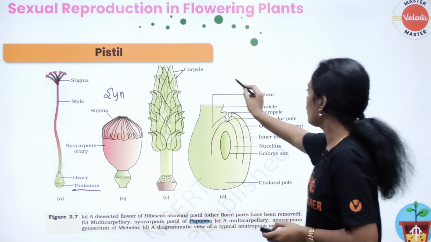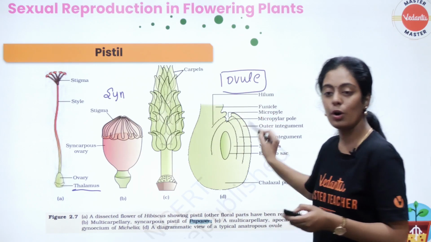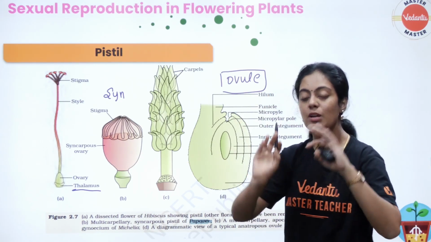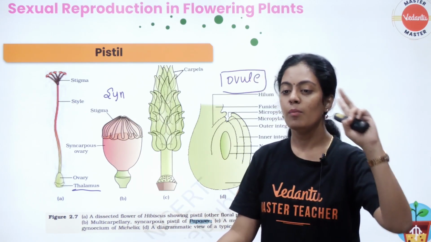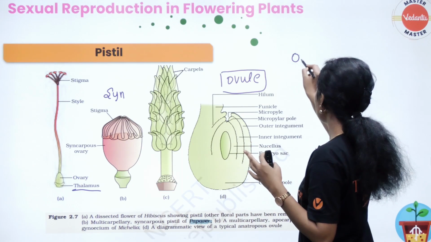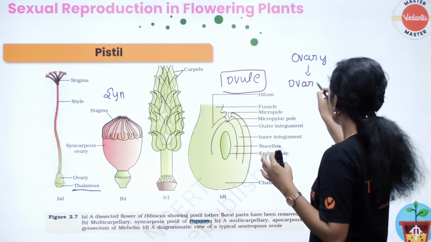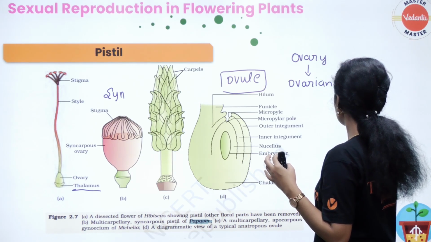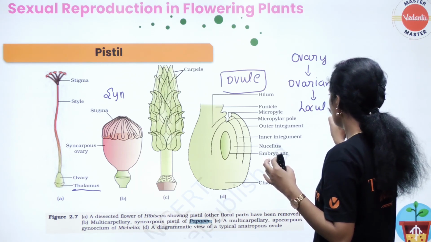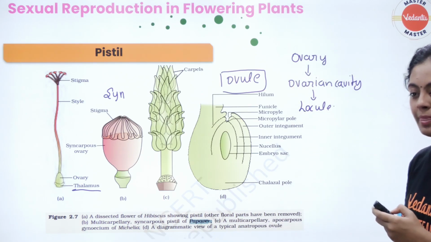And I also have a picture here of your ovule, the ovule present inside the ovary. So one ovary, inside the ovary you will have ovules. There can be one ovule, or more than one ovule. In the ovary you have a cavity, called the ovarian cavity, and that ovarian cavity is called the locule, children. Inside this locule my ovule is present.